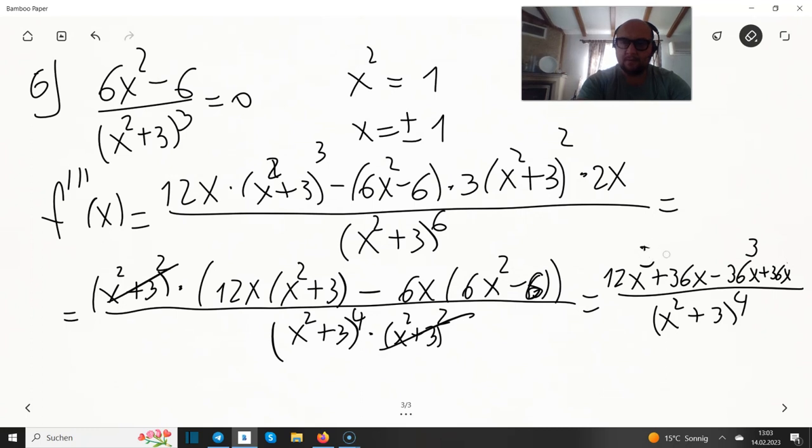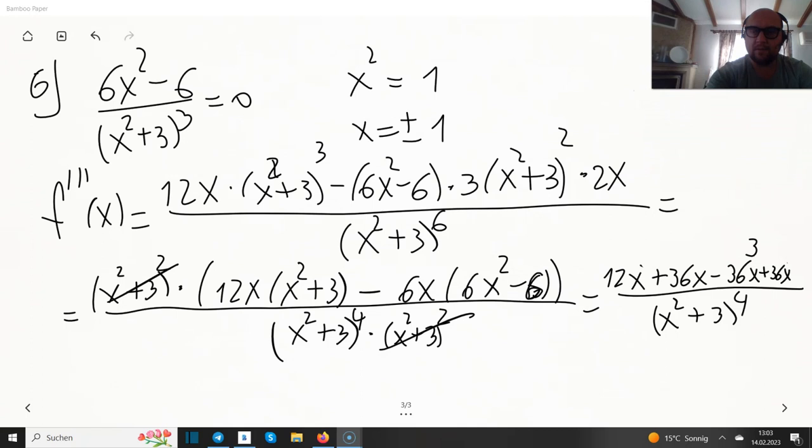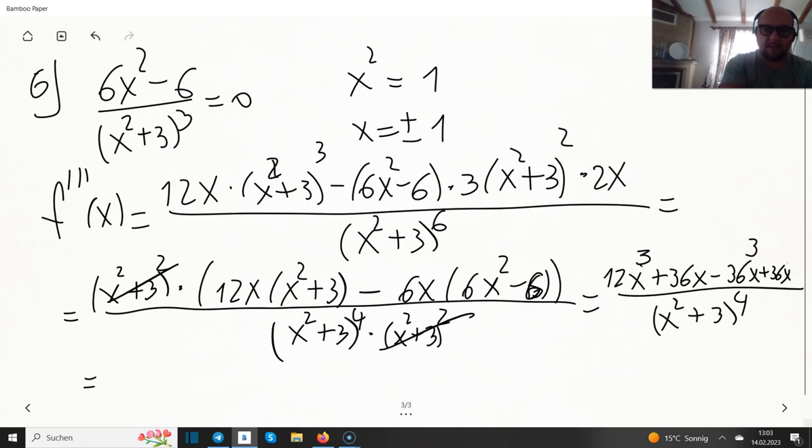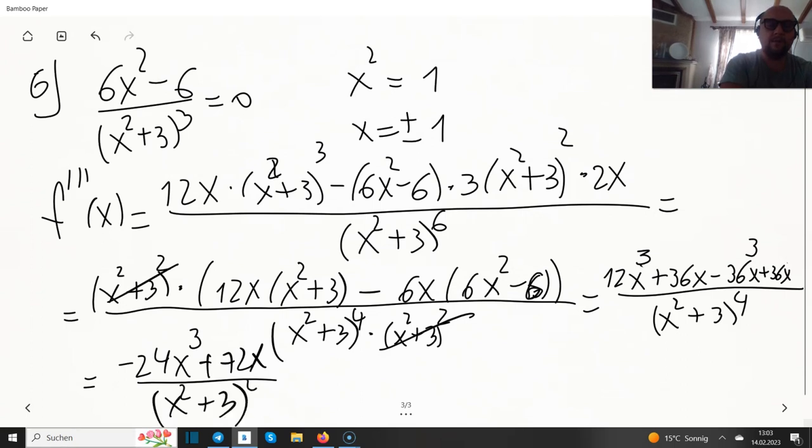All right. Enough mistakes for today. Try to make none further. So here, right? Okay. Minus 24x cubed plus 72x divided over x squared plus 3 to the power of 4.